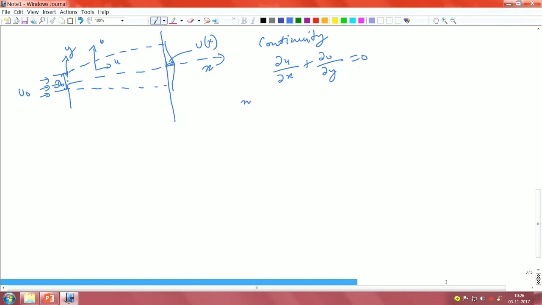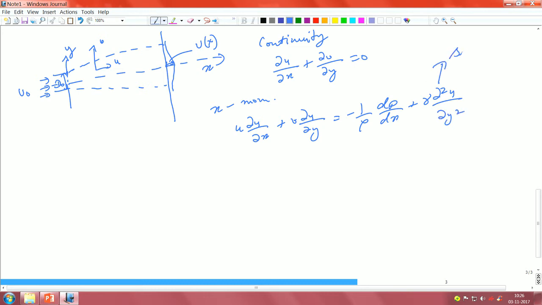Similarly, the momentum, which we are going to write in the x direction, the x momentum, and we have applied the boundary layer approximation. This comes from the slenderness of the jet or slenderness of the flow region.